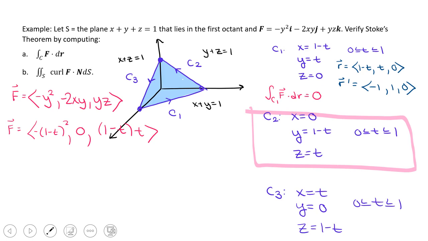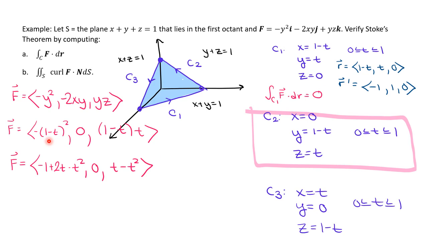So now I'm replacing the x's with 0, the y's with 1 minus t, the z with t. It's the same vector field, but different parametric equations. So I got negative 1 minus t squared. Oh, x is 0, so the middle component is 0. And then the last component is y times z, so 1 minus t times t.